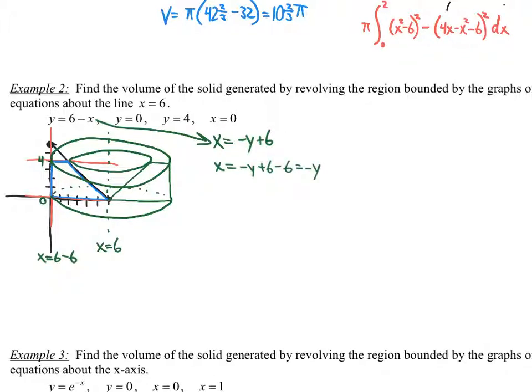Because our formula is designed to revolve it around the y-axis. If we're not revolving it around the y-axis, we need to shift everything over so we are revolving it around the y-axis. Okay? So what we end up with here is everything shifted over.